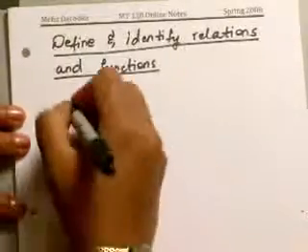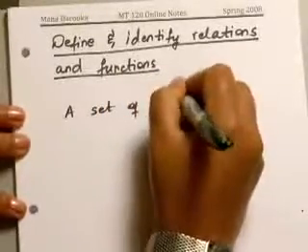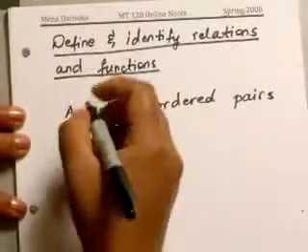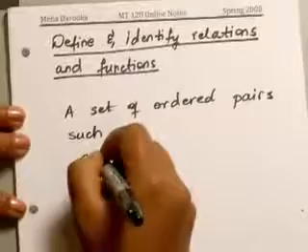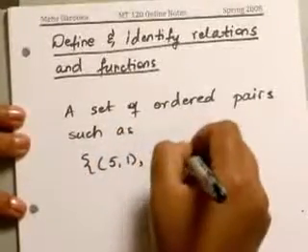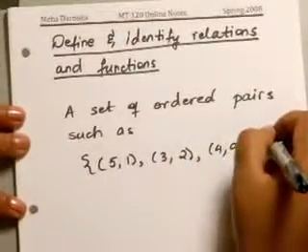So if you have a set of ordered pairs, they can look something like this. You have a set, so you have 5, 1, 3, 2, 4, 9, 7, 6.